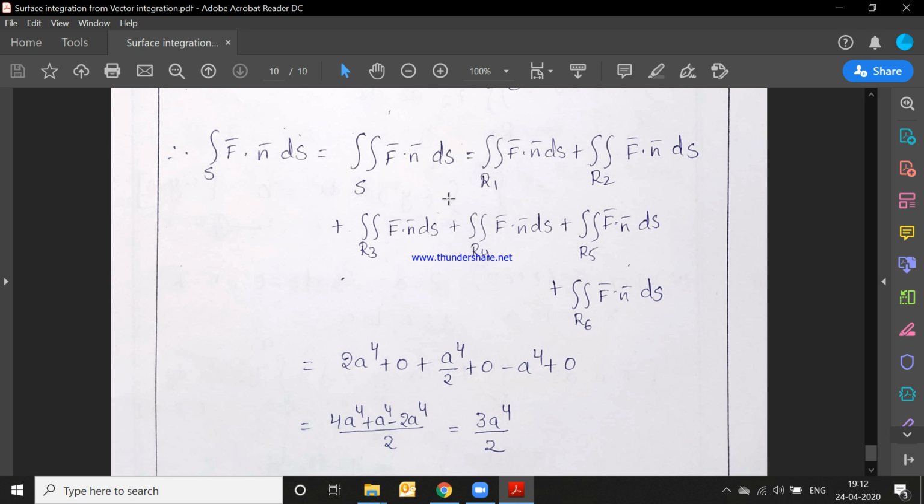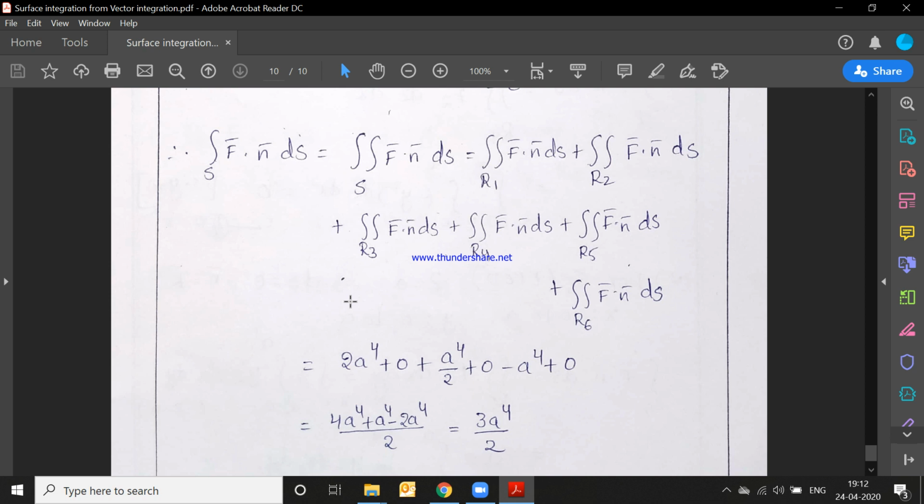Why did I take R1, R2, R3? Our surfaces are considered as regions. Because we write limits for the region, that's why R, because here we are not discussing any projections. Directly we can take from the outward drawn normal, then directly we can take f bar dot n bar and ds, and we can find the dx dy dz values also by using x y values.